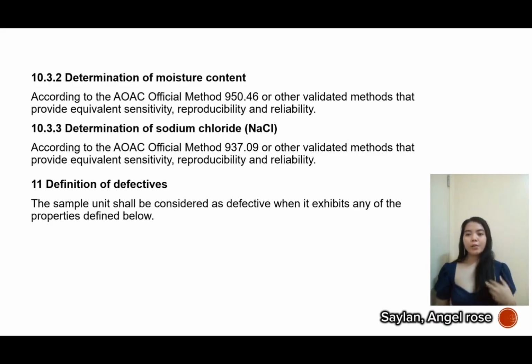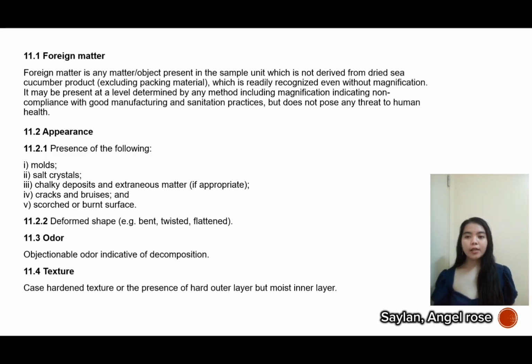There is high demand in Asian markets, making it a valuable export commodity. Many coastal communities rely on sea cucumber harvesting and processing as a source of income. Next one is price. The price of dried sea cucumber can vary widely depending on the species, size, and quality. So it really depends.